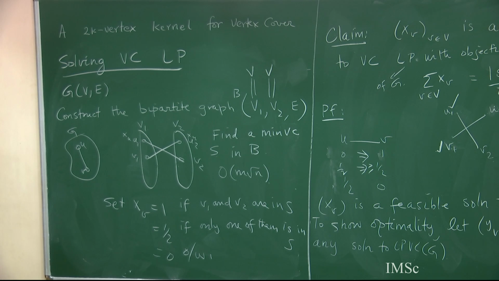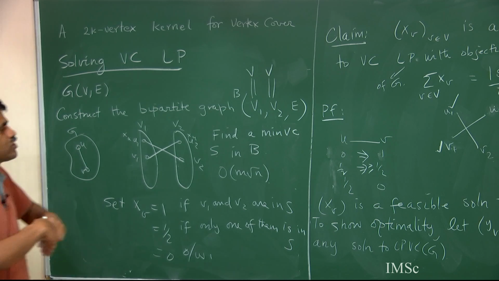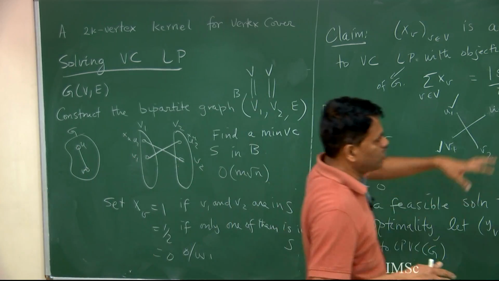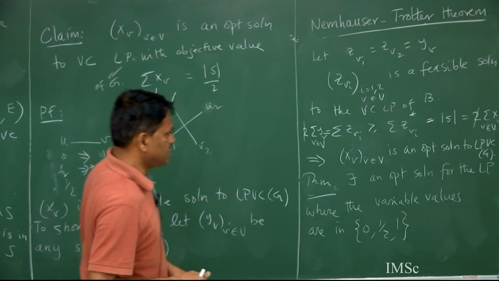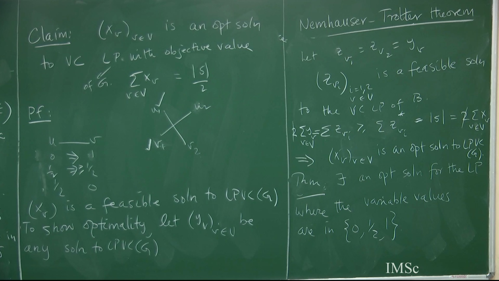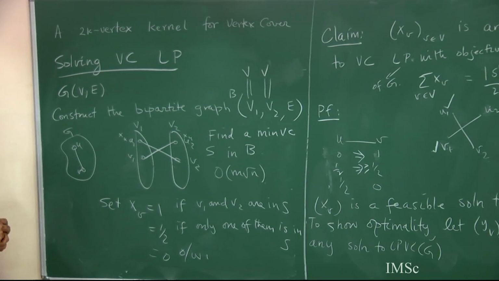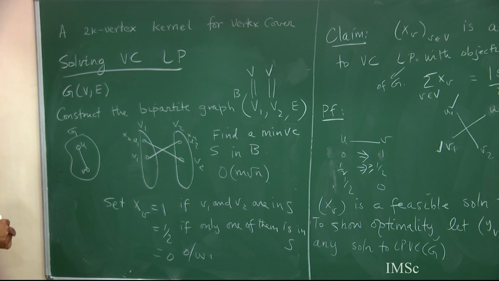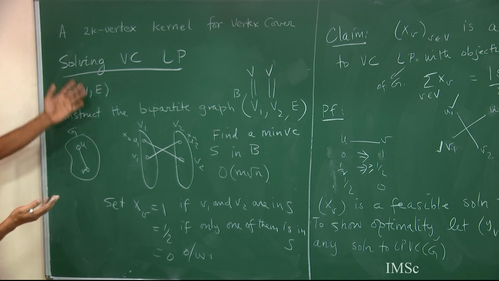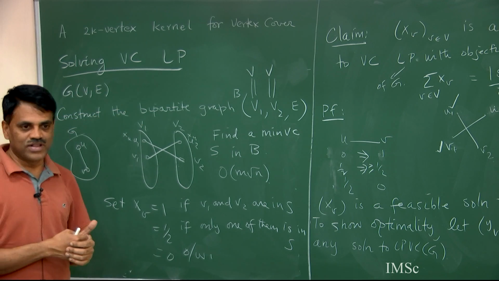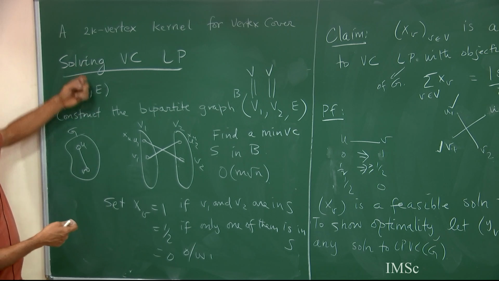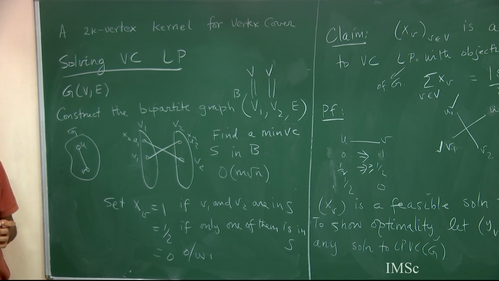Okay, good. So this Nemhauser-Trotter theorem is known. All this was known 30 years ago, before parameterized complexity came into picture. And the k-square kernel stayed for a couple of years until somebody noticed that, hey, we can apply this old theorem, do this reduction and get some 2k vertex kernel.